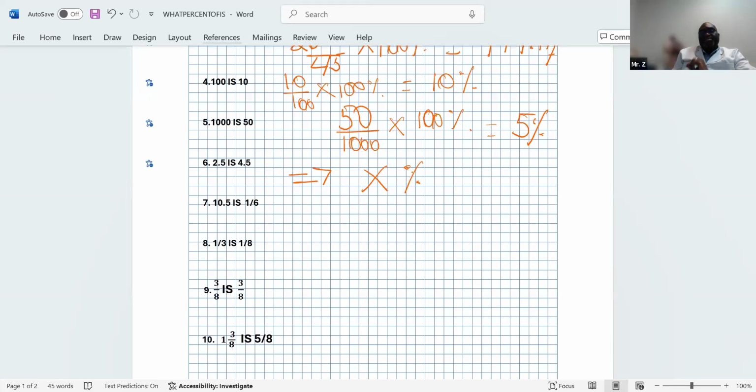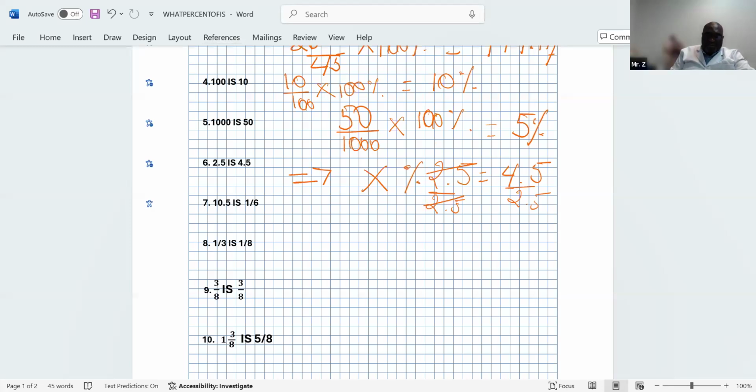What is X percent of 2.5? It gives you 4.5. As you know, if I need to solve for X percent, I have to divide both sides by 2.5. So when you do that, the 2.5 will cancel.